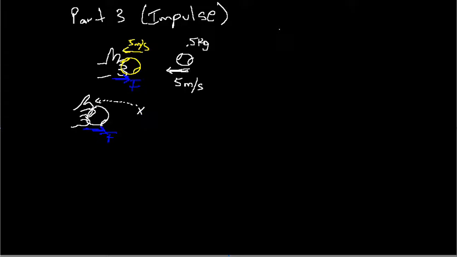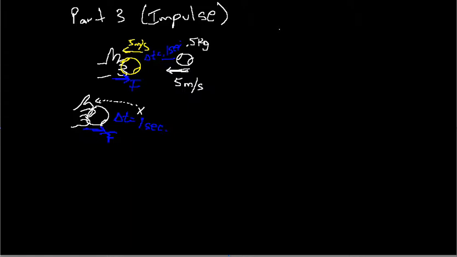Let's say this lasts 1 second. And over here, 0.1 second. All right? So in other words, the ball contacts your hand and you're going to stop the ball here in 0.1 second.